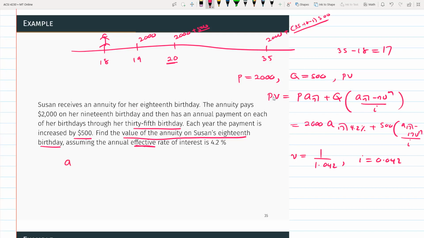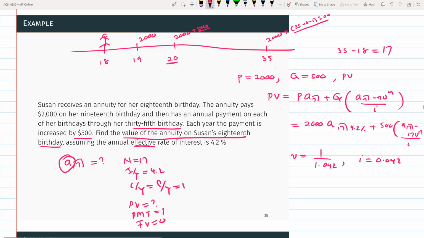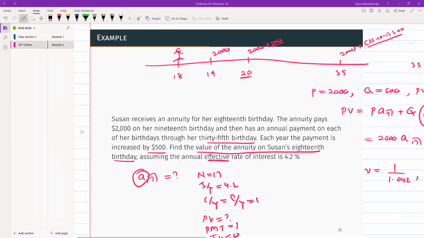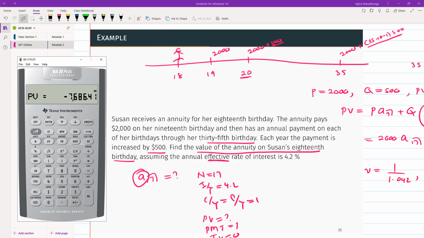So one thing you can easily do, you use your calculator to get A17. So N is 17. I over Y is 4.2. Compounding per year, payment per year is 1. And then present value is what you want. This symbol means unit payment, so it's 1, and then future value is 0. So if I use my calculator, let me reset this.